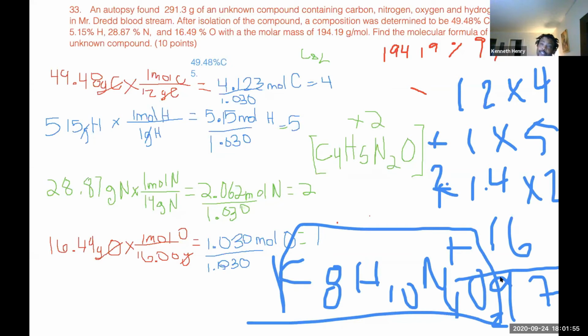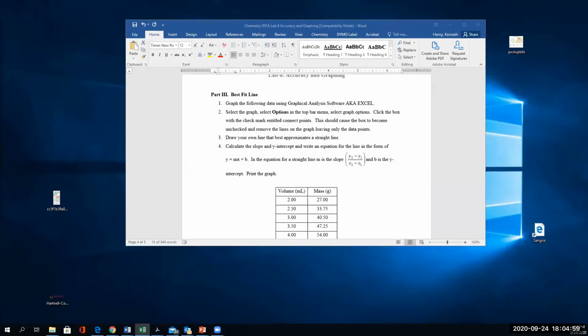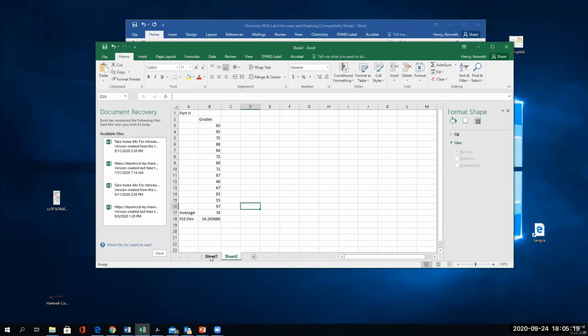I know you guys already know how to use Excel, right? As students, you are allowed to download Microsoft Office Suite. Did you guys do that? Everybody has it downloaded? Yes.